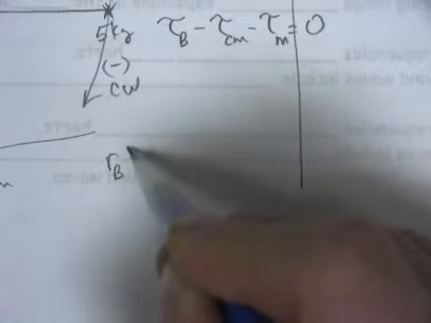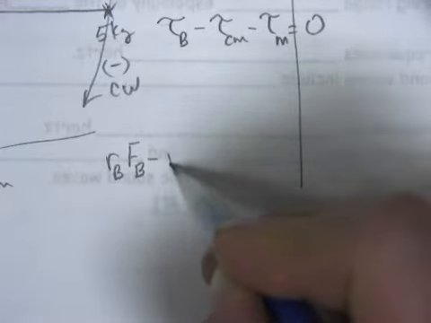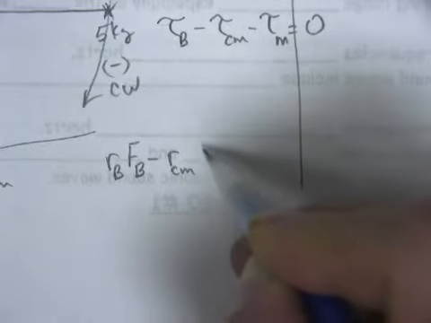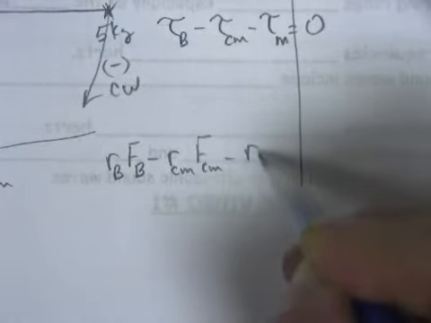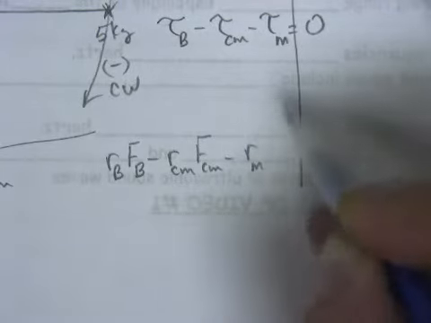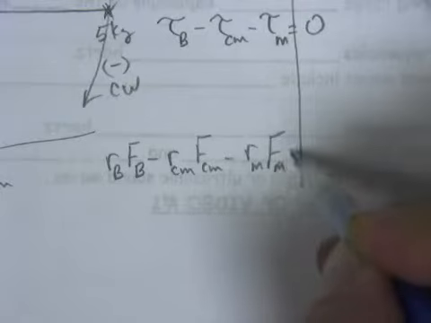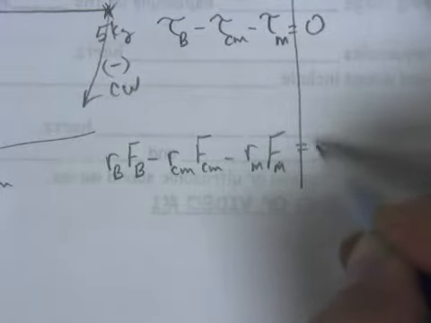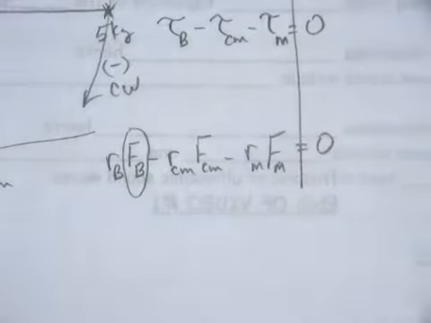So this is the radial arm of the bicep muscle times the force exerted by the bicep muscle, minus the radial arm of the center of mass times the force exerted by the center of mass, minus the radial arm of the ball in the hand times the force exerted by the ball. That's going to equal 0. Now we're ultimately looking for this guy.